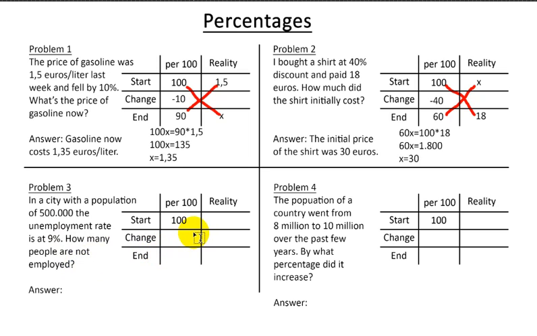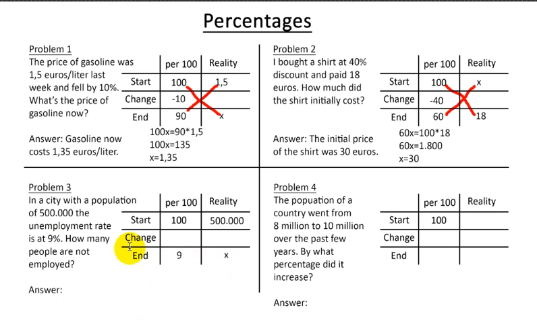So I know that there are 500,000 people in reality, and I want to take 9% of that. So I know that the total is 100%, 500,000, and I want 9% of that. I want to know what that is. So this is my unknown here.